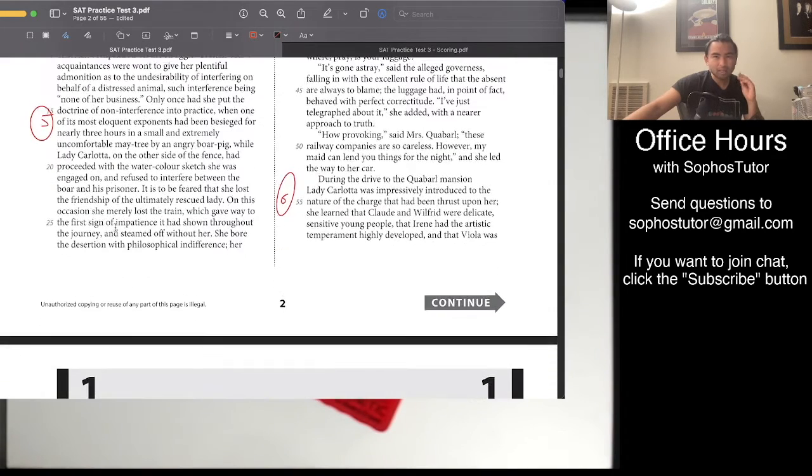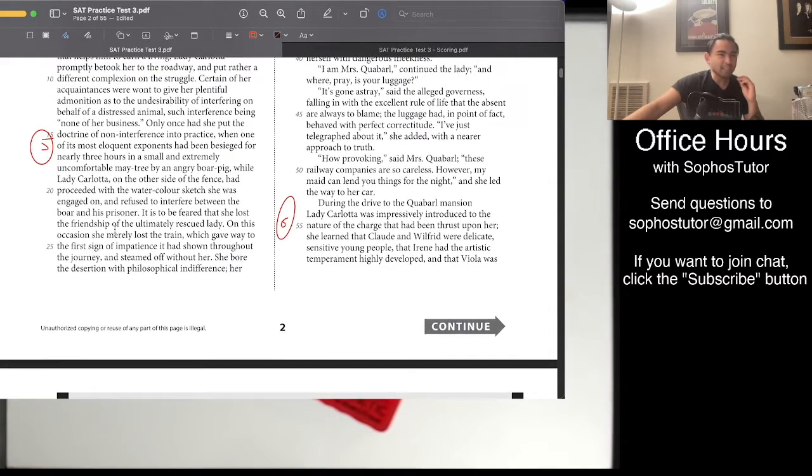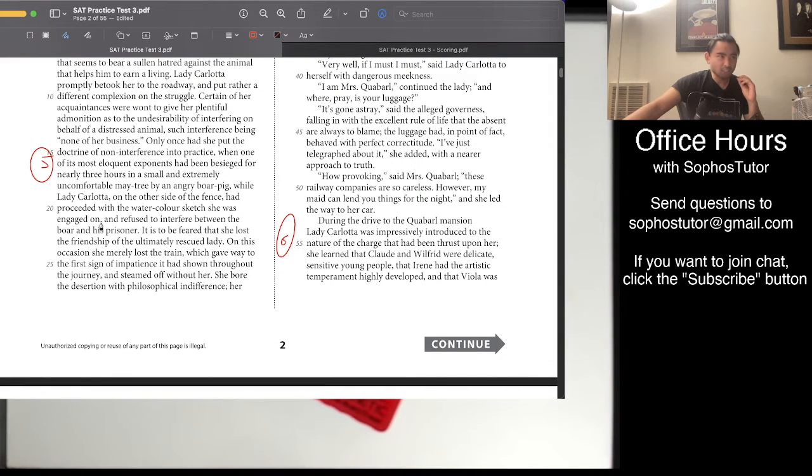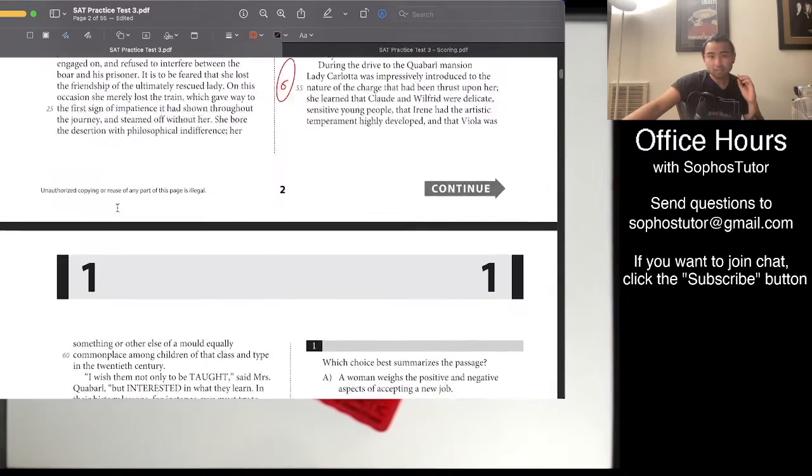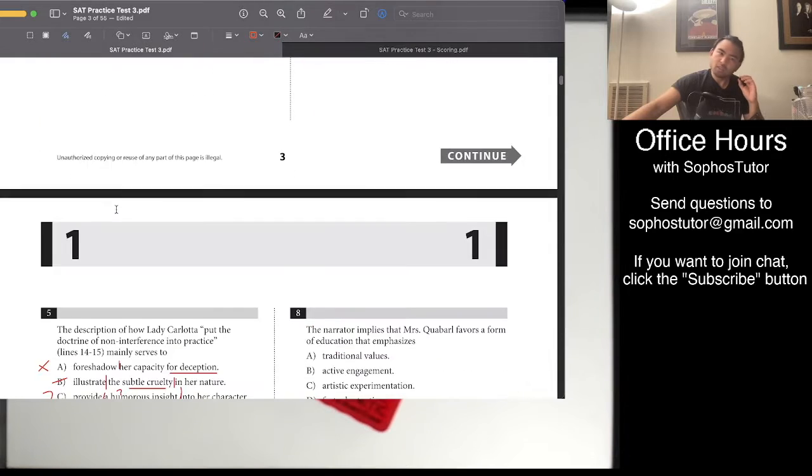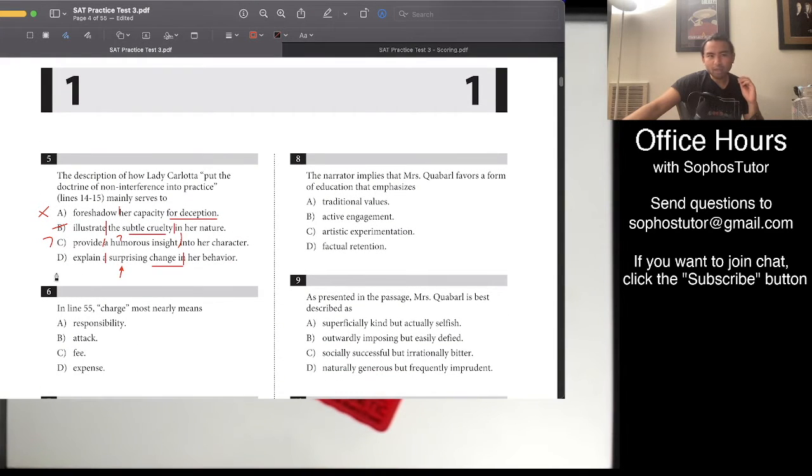So I don't think the writer is intending that this is a situation where suddenly she was changing her philosophy. It sounds like this is a situation where she shouldn't get involved here. So again, this is a maybe, but I'm trying to lean toward a soft no in this case.